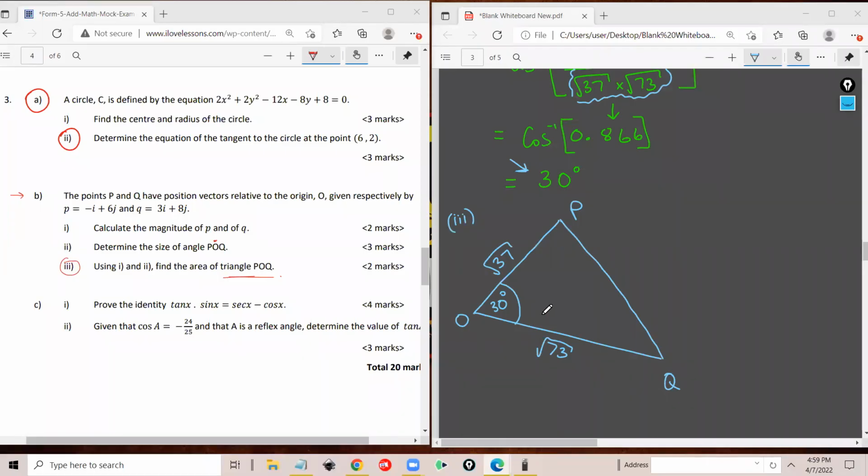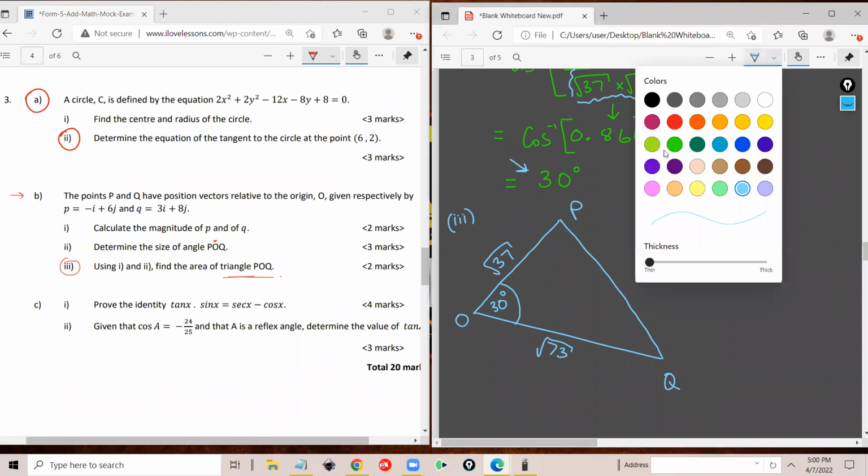You'll remember from maths that if you wanted to find the area of a triangle, you have a couple of different formulas you could use, right? You could say base by vertical height divided by 2, but that won't be applicable here because we might have something resembling the base, but we definitely do not have the vertical height. But recall this formula.